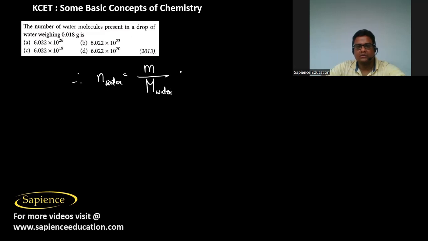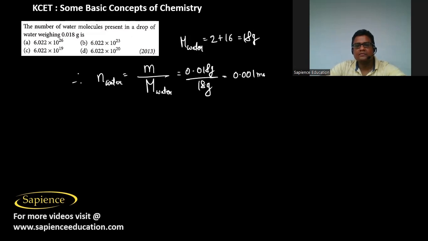Now the molar mass of water, as we know, is the molar mass of hydrogen, means 2 gram, plus 16 gram, that is 18 gram. Now the given mass is 0.018 gram divided by the molar mass of water, 18 grams. So that will be equal to 0.001 mole.